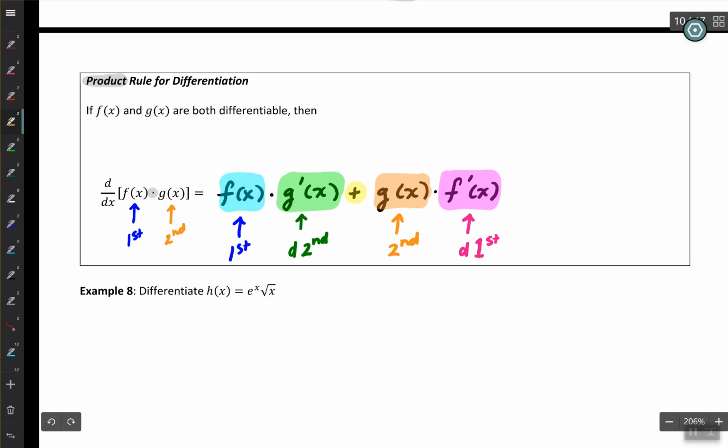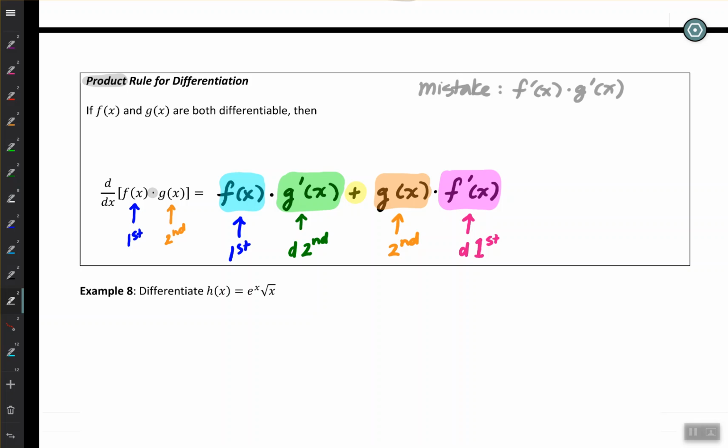Okay, so what a bummer. It would be nice if I could just think about the derivative of f and the derivative of g and multiply them together, but I can't. This is the rule. Common mistake: to just take the derivative of f, just take the derivative of g, and multiply them together.